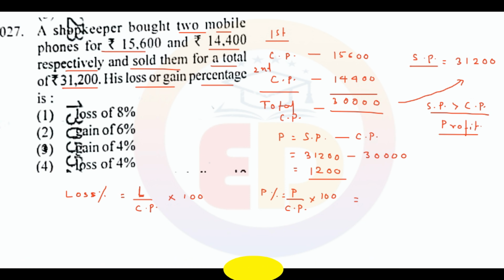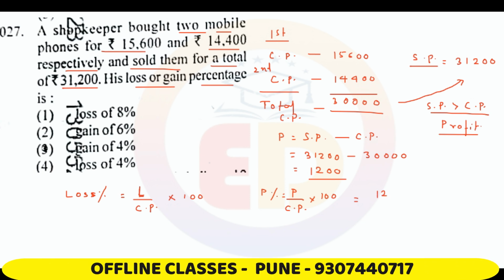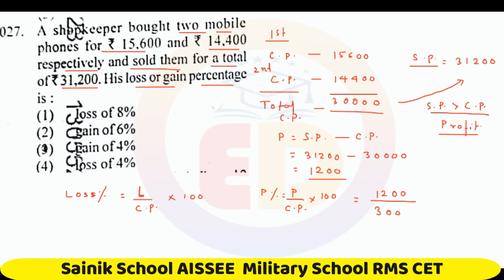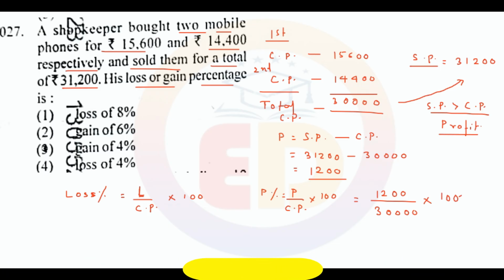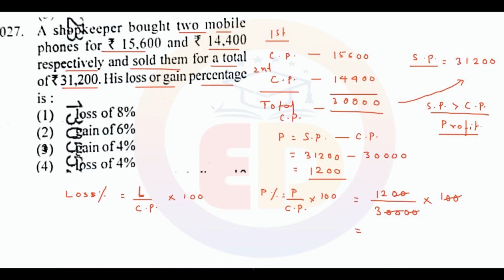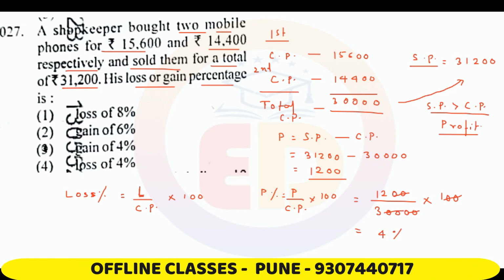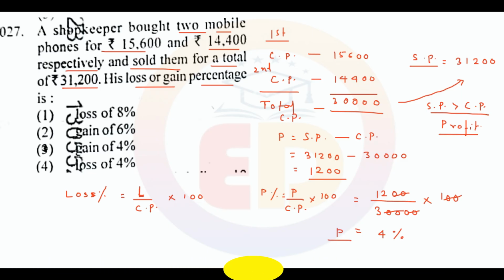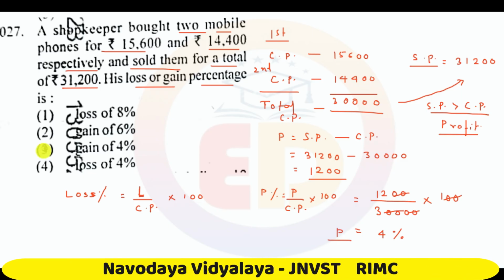Let's place the value of 1200 as a profit in the numerator and cost price 30,000 in the denominator, multiply by 100. Cancel the 0, 0, 0, 0. 12 by 3, answer is 4%. So the profit percent is 4%. Answer is option number 3.